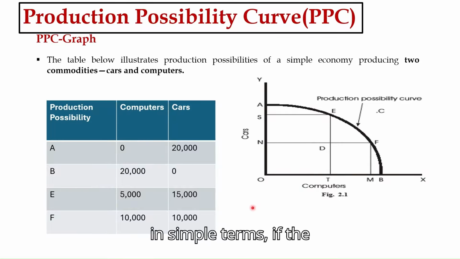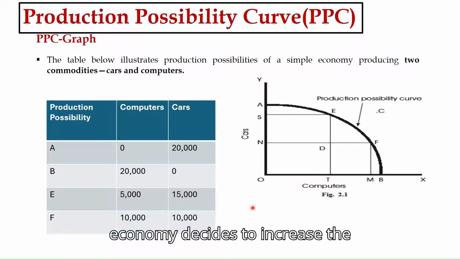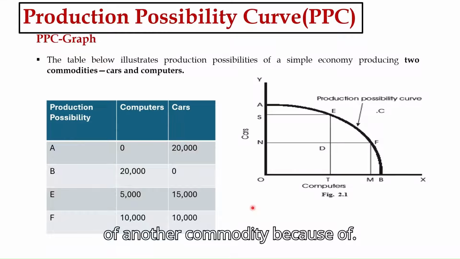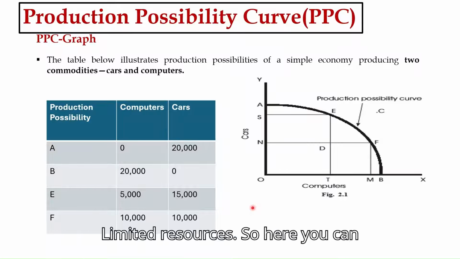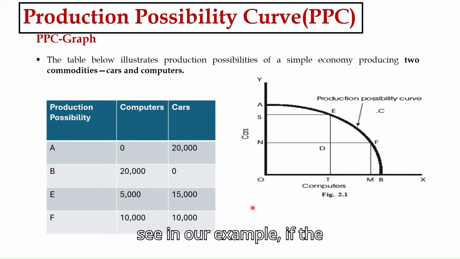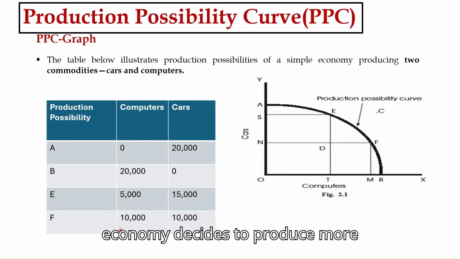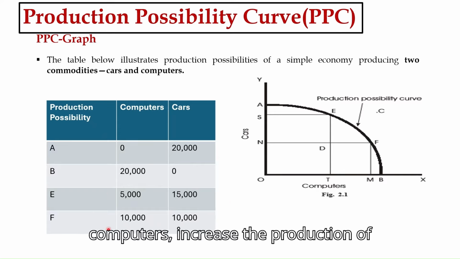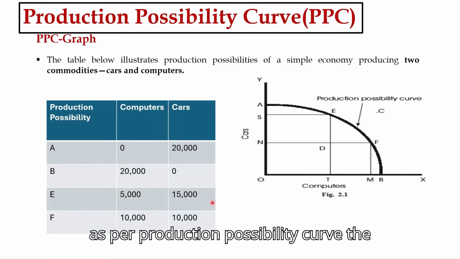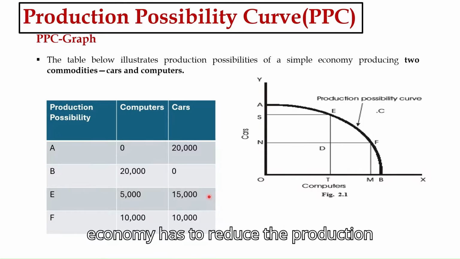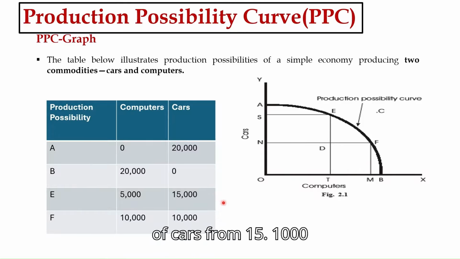So in simple terms, if the economy decides to increase the production of one commodity, they have to reduce the production of another commodity because of limited resources. In our example, if the economy increases the production of computers from 5,000 to 10,000, then as per the production possibility curve, the economy has to reduce the production of cars from 15,000 to 10,000.